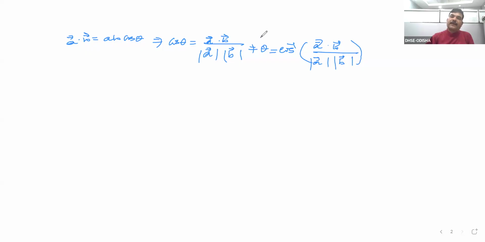This is the method to find the angle between two vectors if two vectors are given. Using dot product, we can find the angle between two vectors.